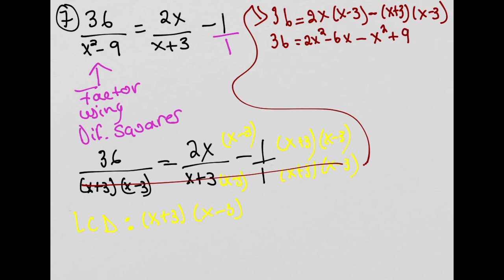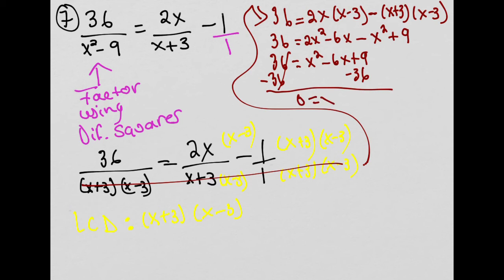Those are on the same side of the equal sign. 36 equals 2x squared minus x squared gives you 1x squared minus 6x plus 9 minus the 36. It's going to be 0 equals x squared minus 6x, and what is that? 27? 27. So we have to factor again.